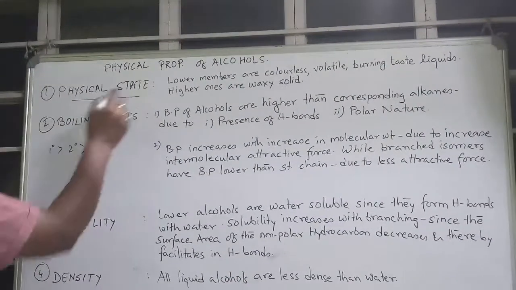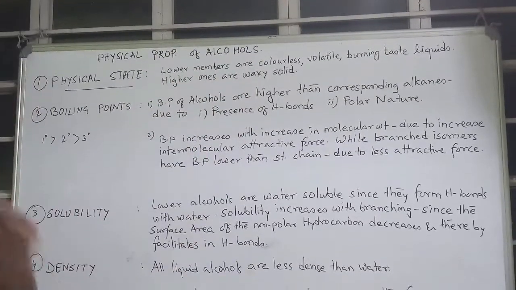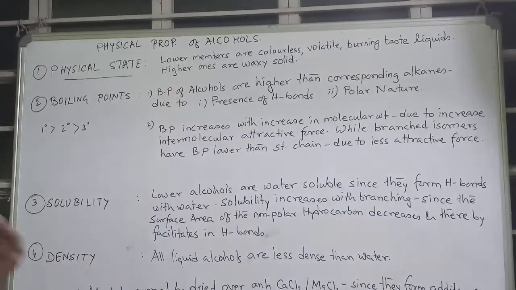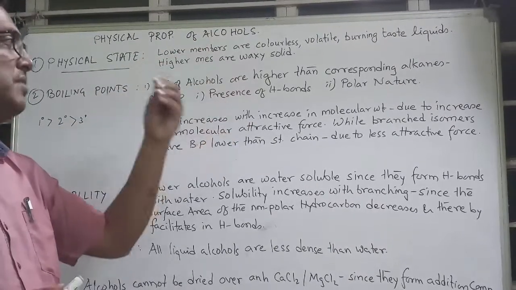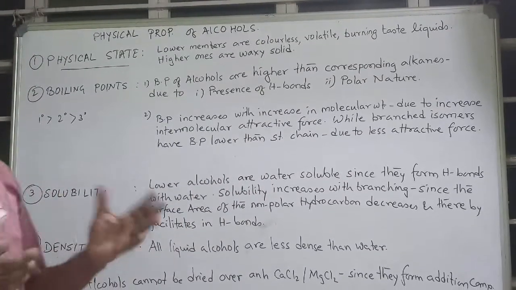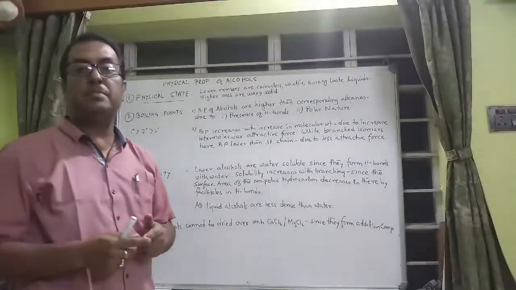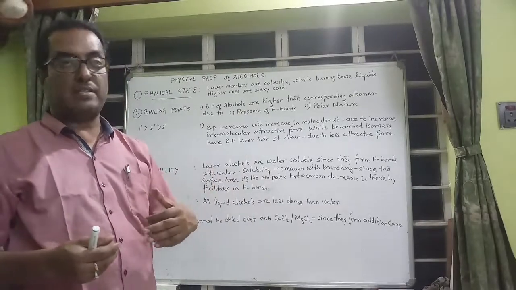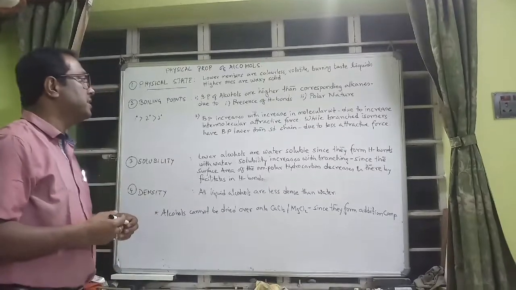First, on the physical state, the lower members are colorless, volatile liquids with a burning taste, and the higher ones are waxy solids. Sometimes some of the alcohols are colored, either because colors have been added, or because they come from some extracts. Otherwise they are colorless, volatile, burning taste liquids.